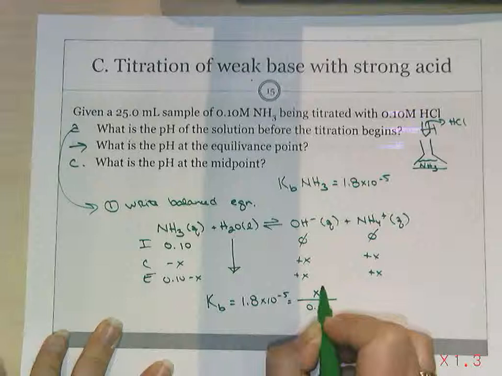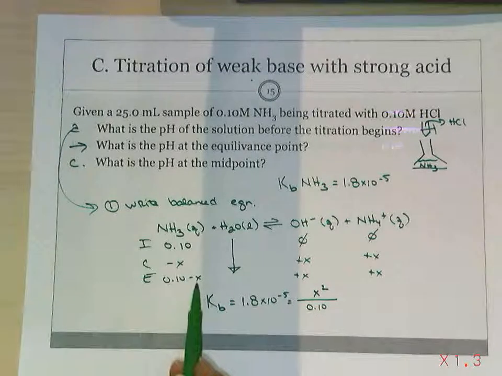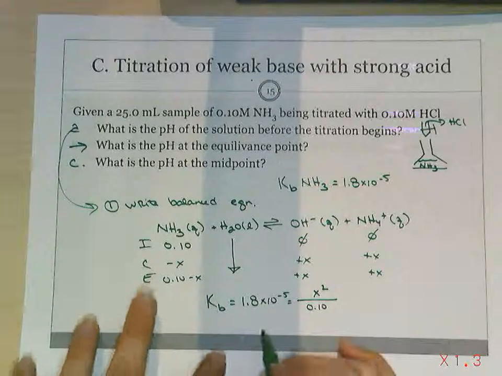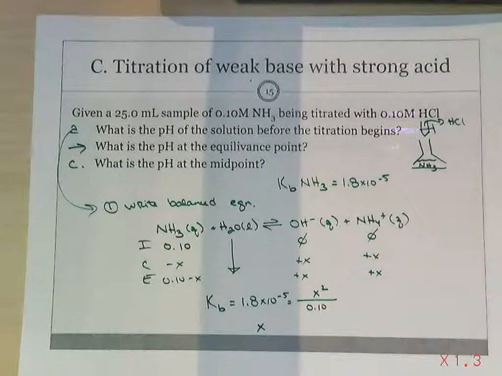All right, since it's a weak base, I can assume that minus x is pretty small. That leaves me solving over here. Double check, make sure I got my x right. 1.8 times 10 to the minus 5.